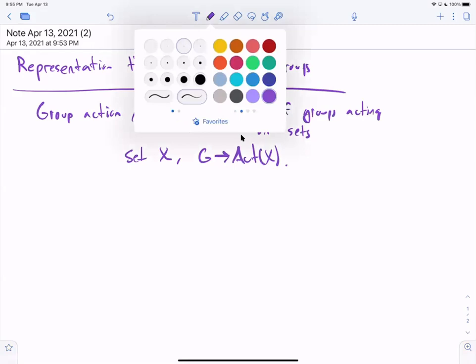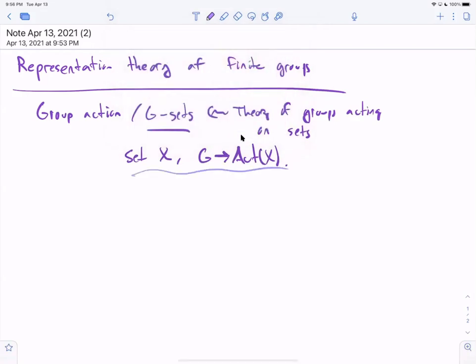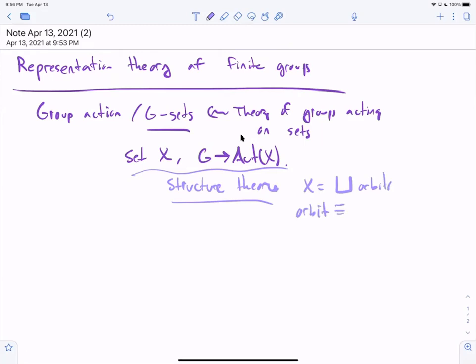Okay, and we saw there's a basic structure theory for G sets. Every G set was a disjoint union of orbits. And then each orbit is isomorphic to G mod the stabilizer of x for any x in the orbit.